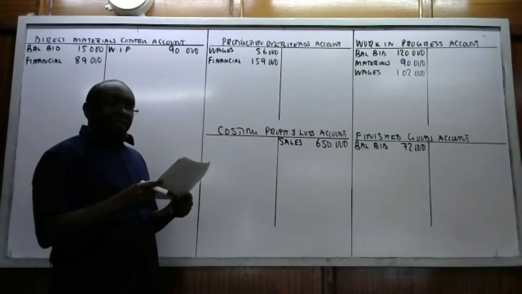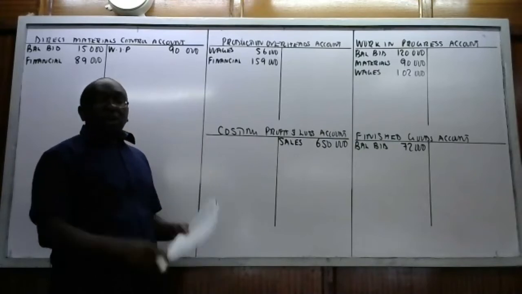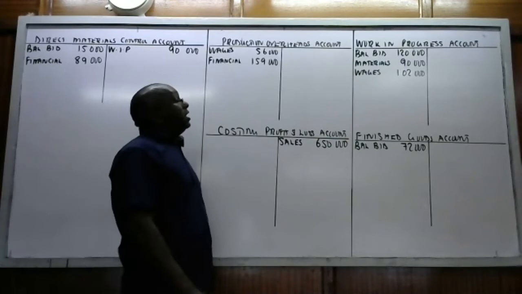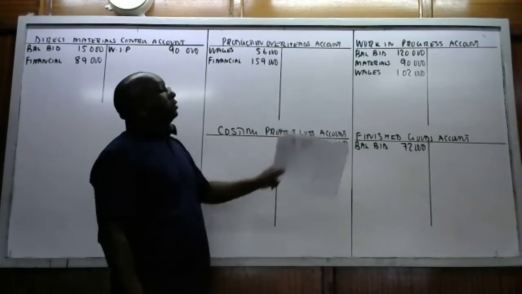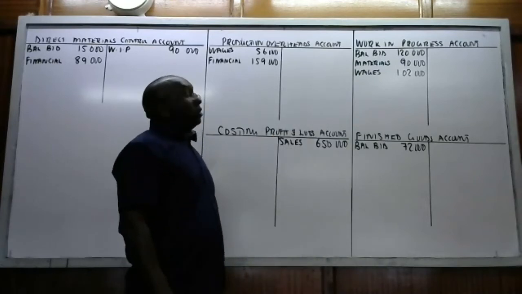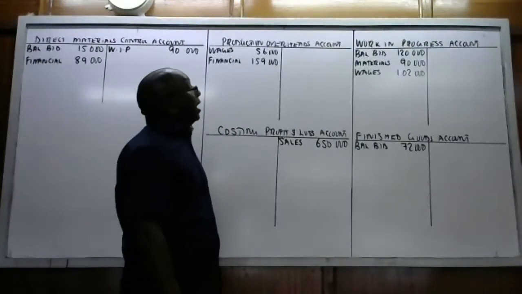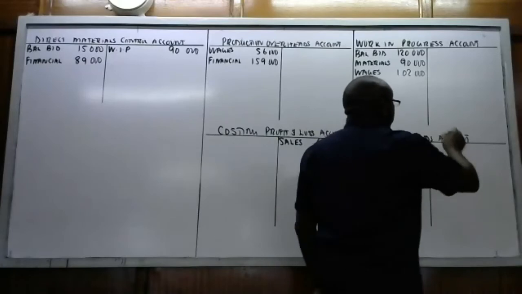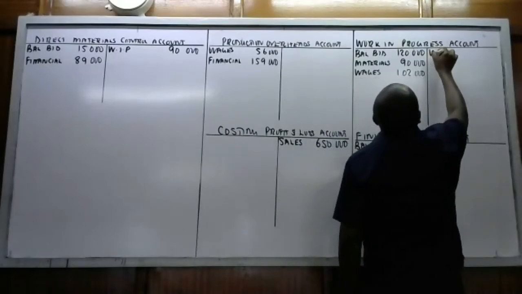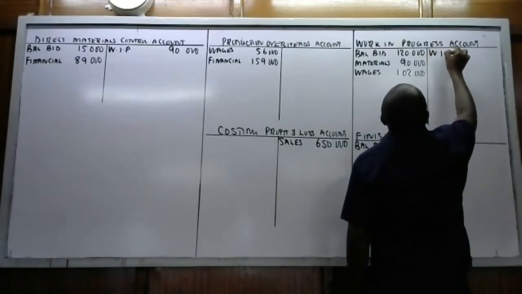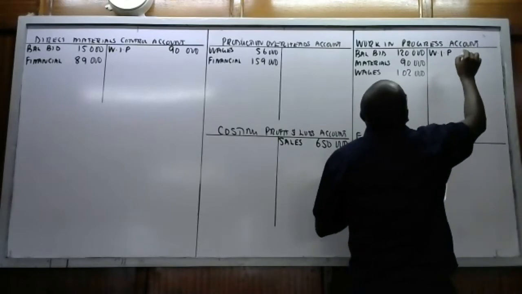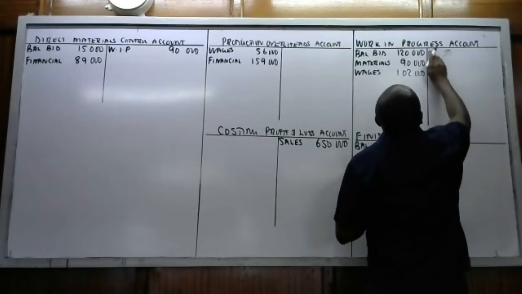Goods transferred to finished goods stock. When you finish production and take to the finished goods, you debit finished goods and credit work in progress. So to answer for work in progress, we are going to the finished goods.